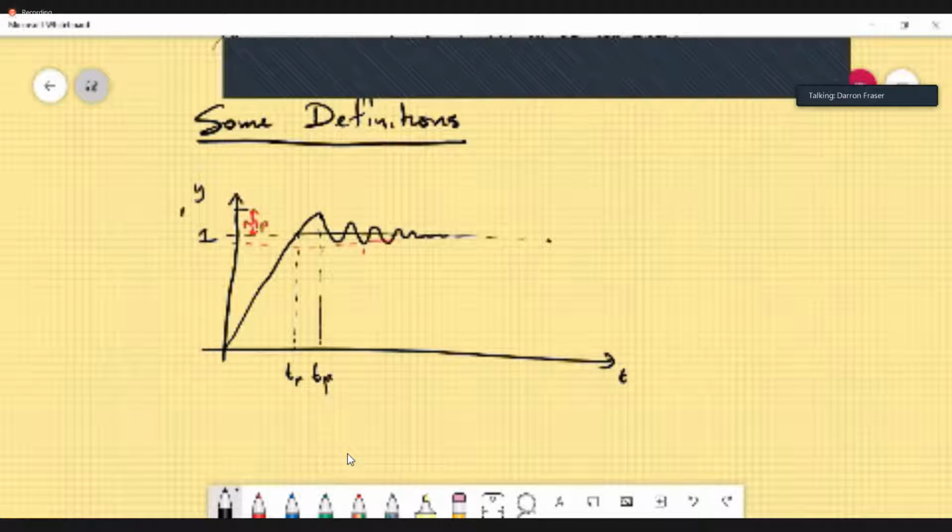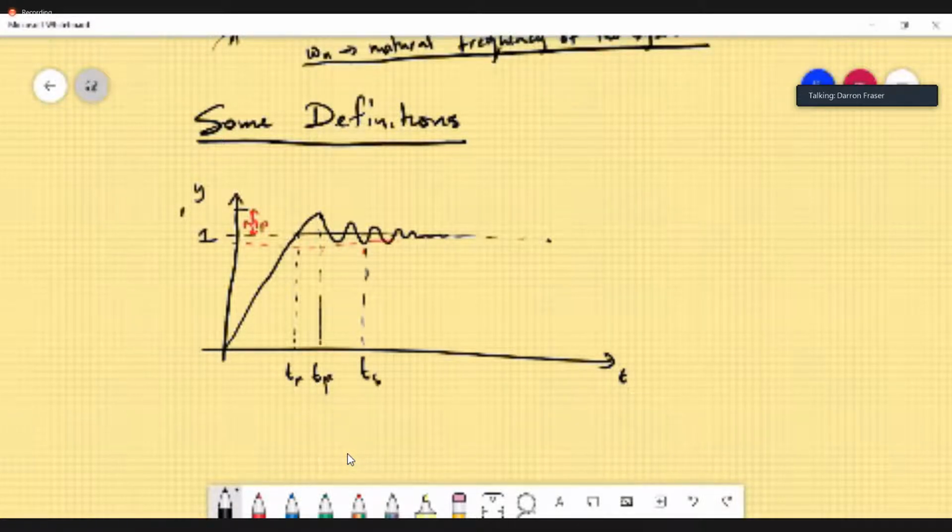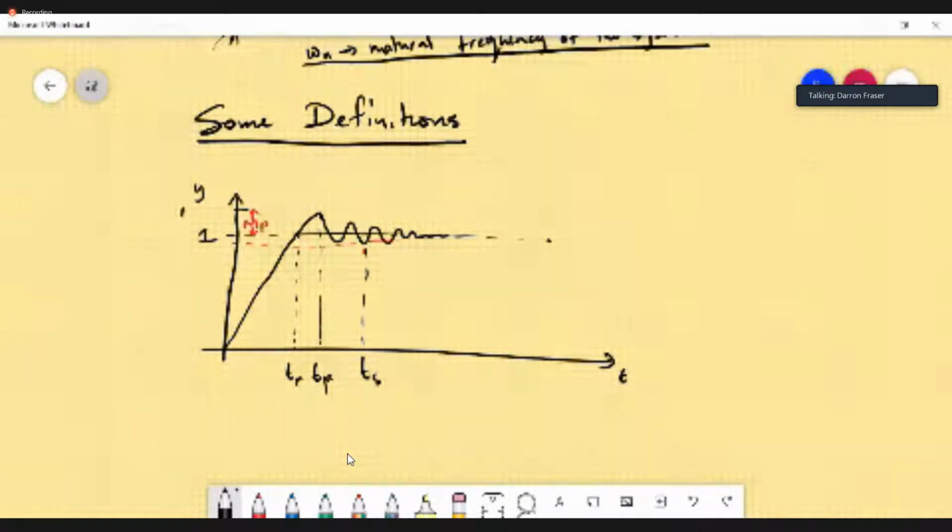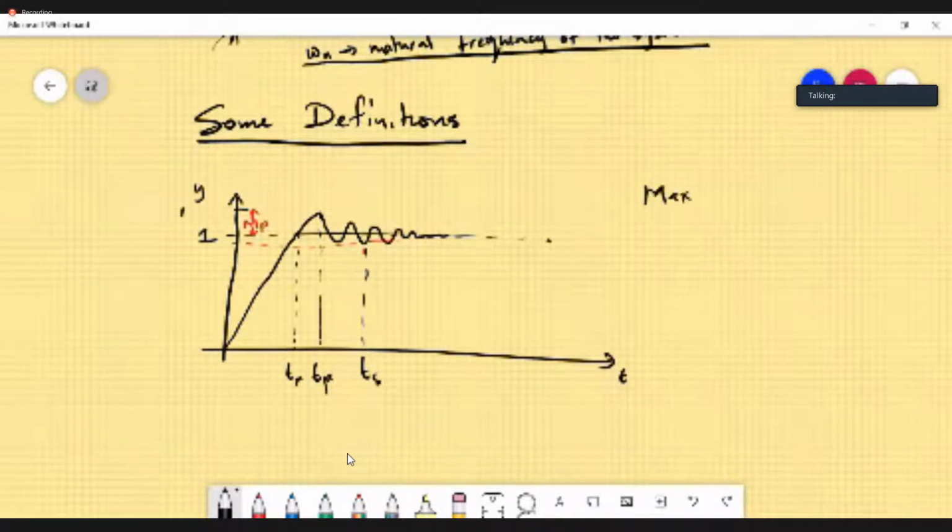All right, so we want to define some parameters. We want to define maximum peak overshoot.